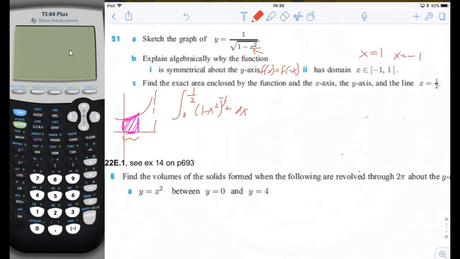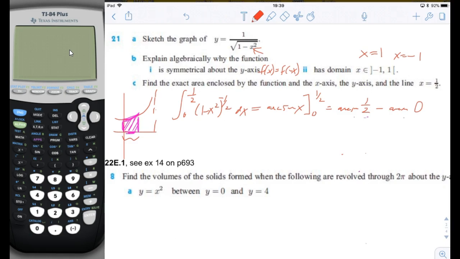Actually, the integral of this would be arc sine. So it would be arc sine of x, and you would evaluate from 0 to 1/2. So I would put arc sine of 1/2 minus the arc sine of 0. Arc sine of 0 is just 0, right?